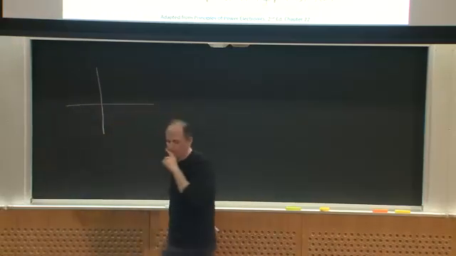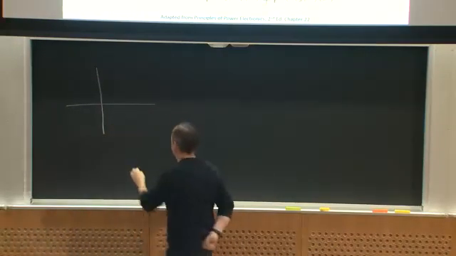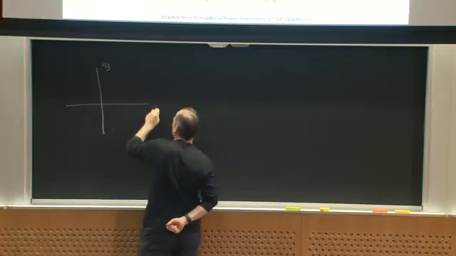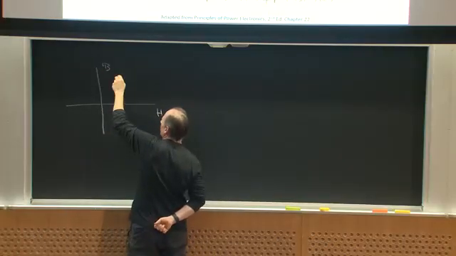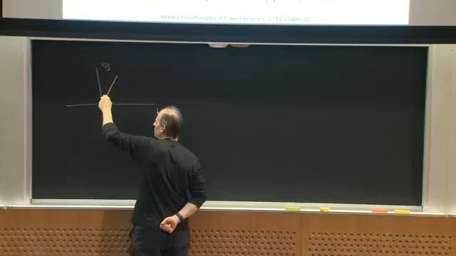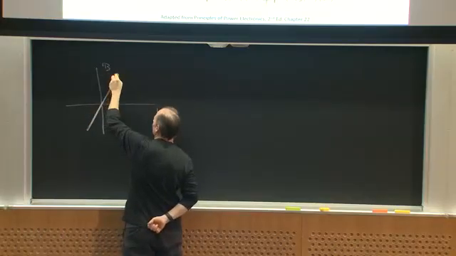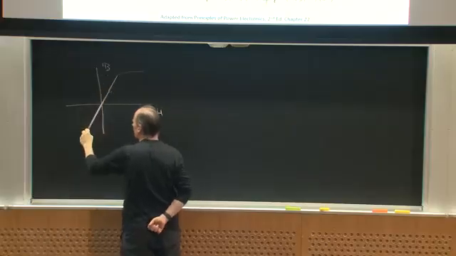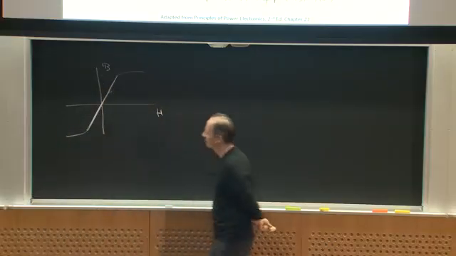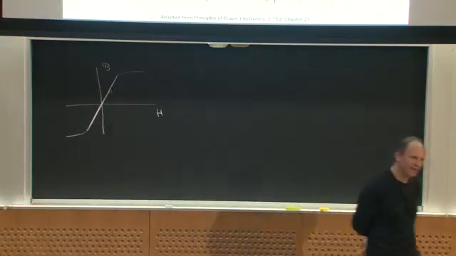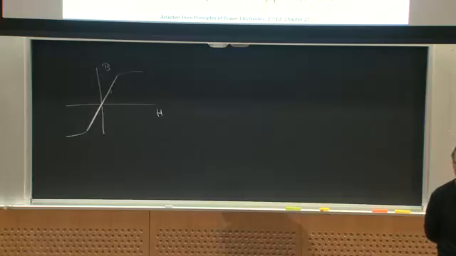So I might have plotted B versus H. I have some ideal, this is mu of my core, and if I get above saturation, it starts to do something like this, and it goes back to mu naught, right? So that's my idealization. But it actually doesn't look like that quite on a real core, right?